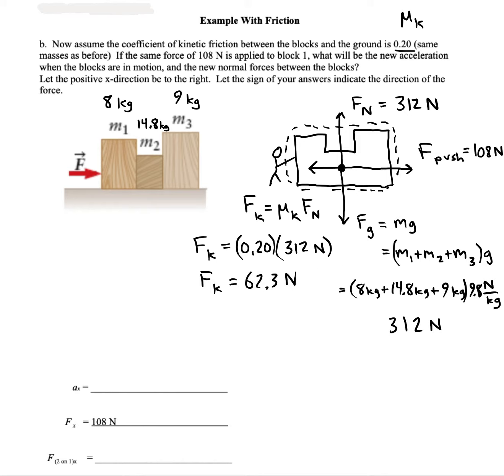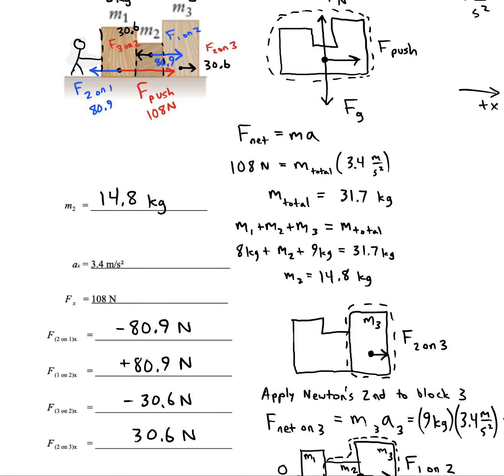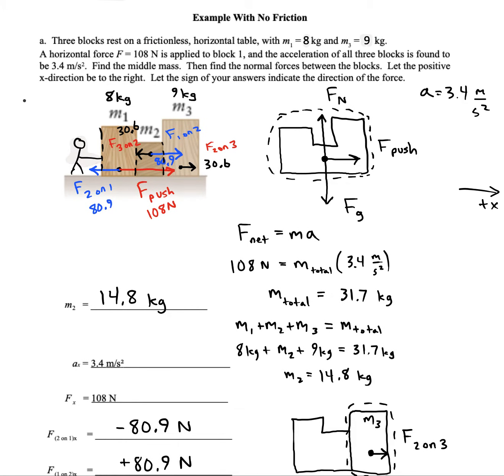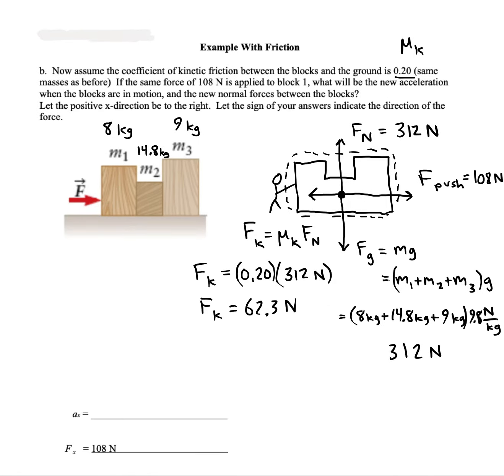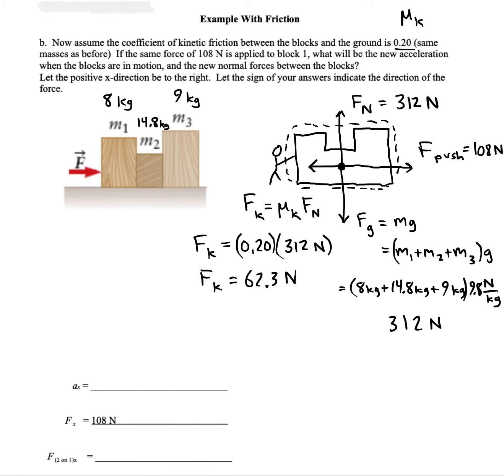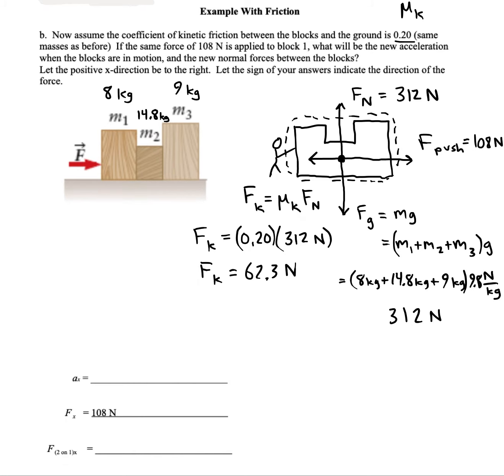And so what this means is the system will not accelerate quite as strongly as it did before. Before, they told us that the acceleration was 3.4 meters per second squared. So we may wish to find the new acceleration.